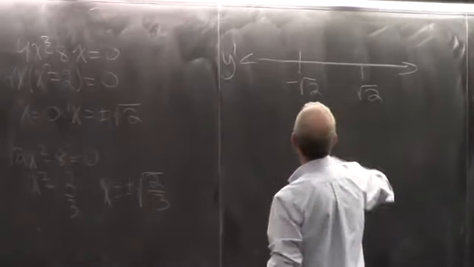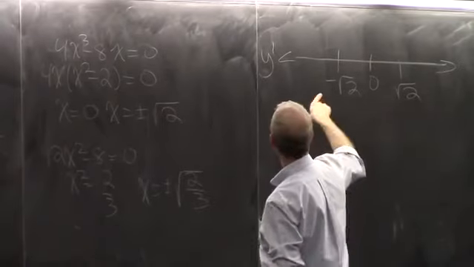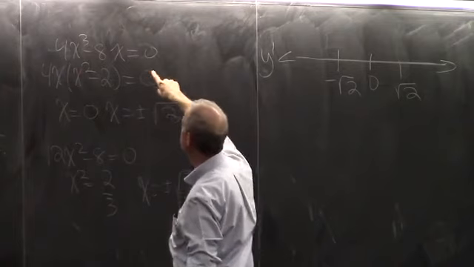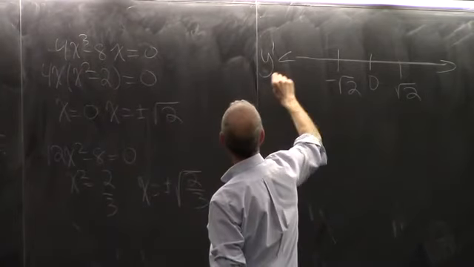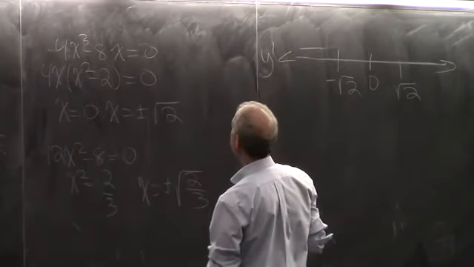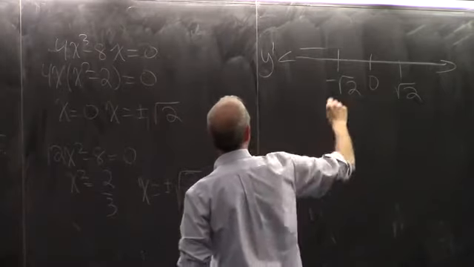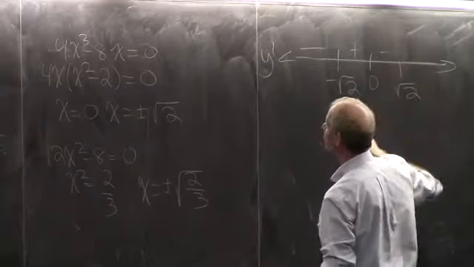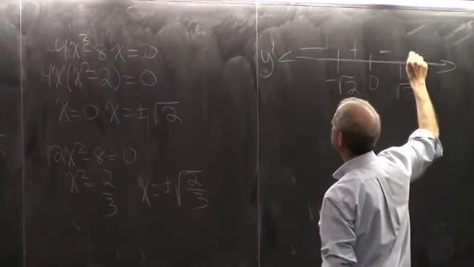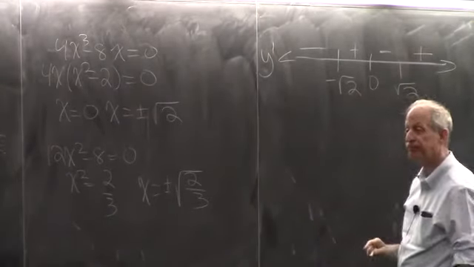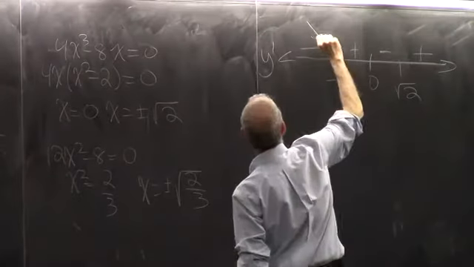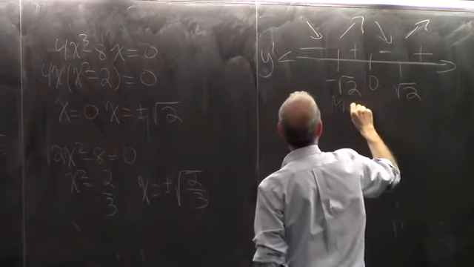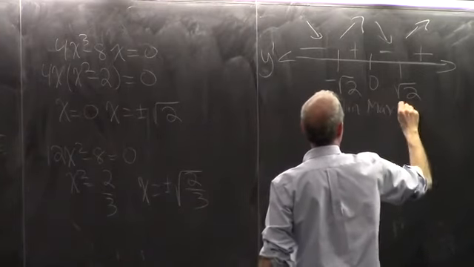You try a number less than negative square root of 2, like negative 2, and that comes out negative. Try a number like negative 1, and it's positive. Try a number like positive 1, and it's negative, and positive 2, and it's positive. So the curve is going down, up, down, up. So it's a min, a max, and a min.